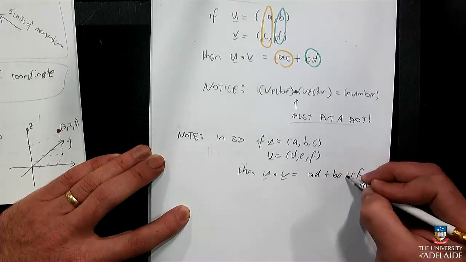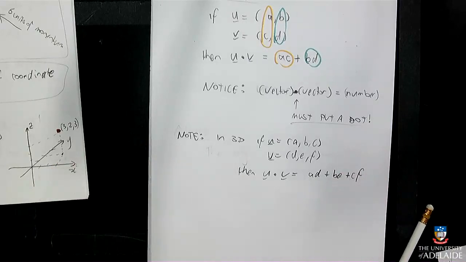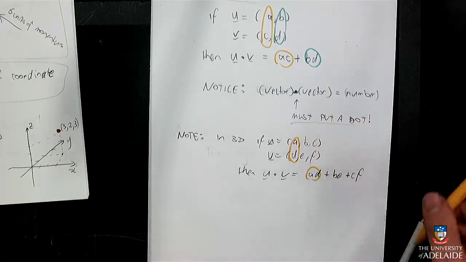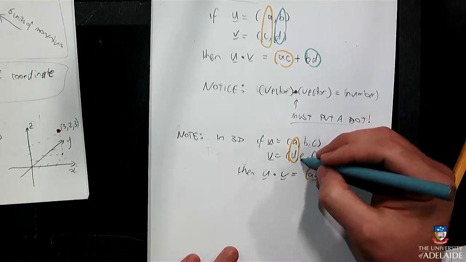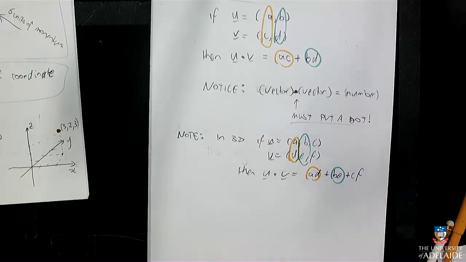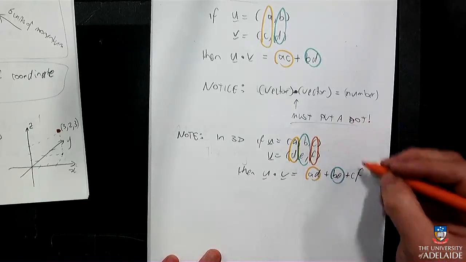You still multiply the matching coordinates, and you add them up, but there's just 3 coordinates this time.